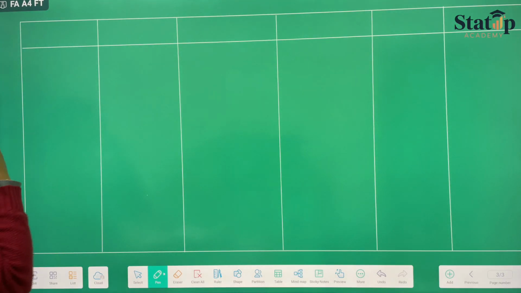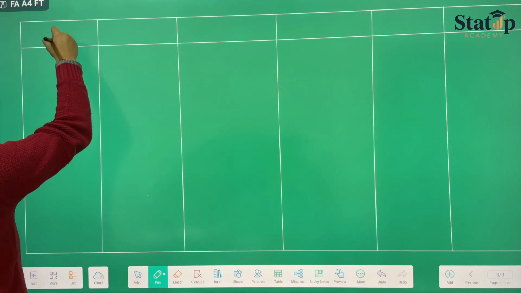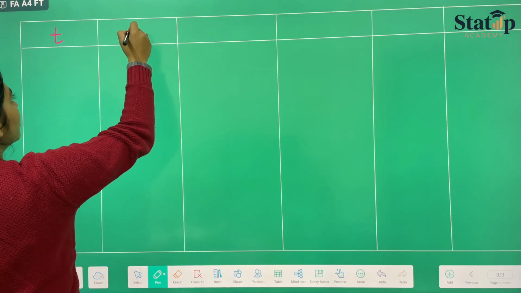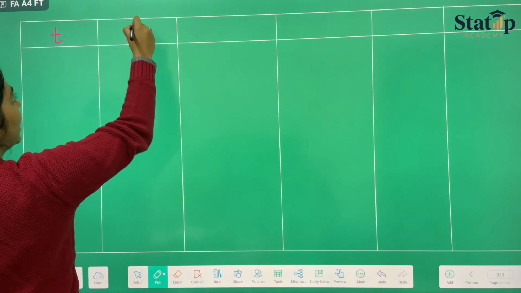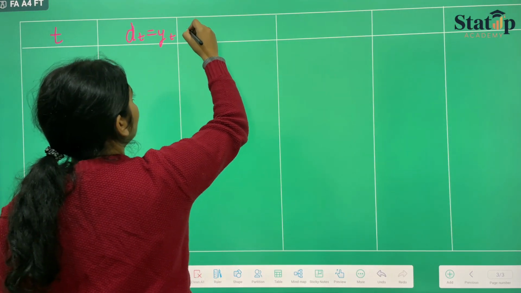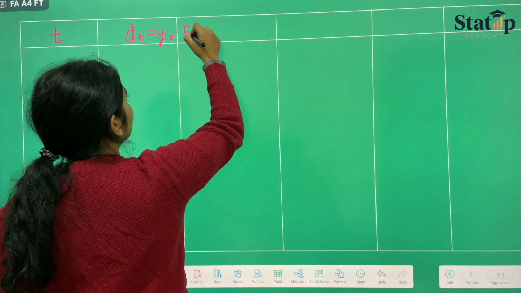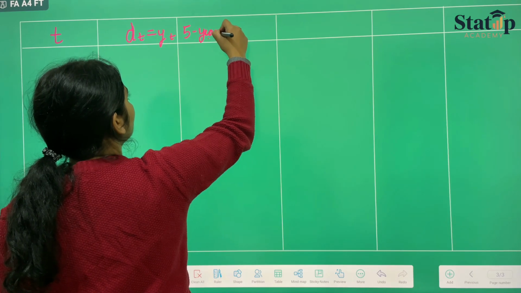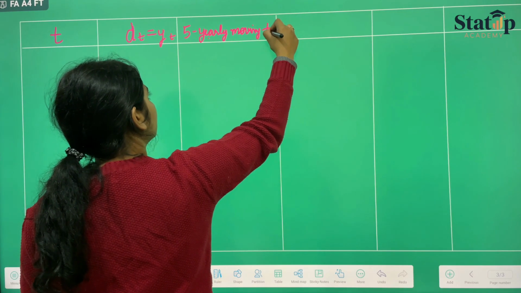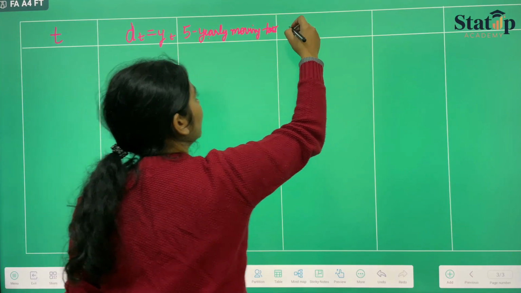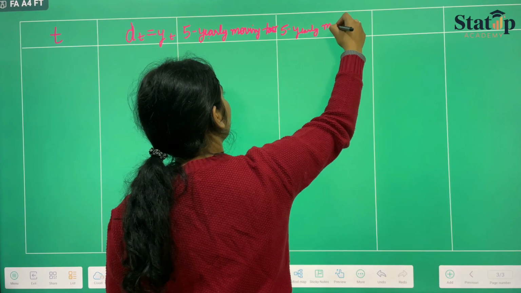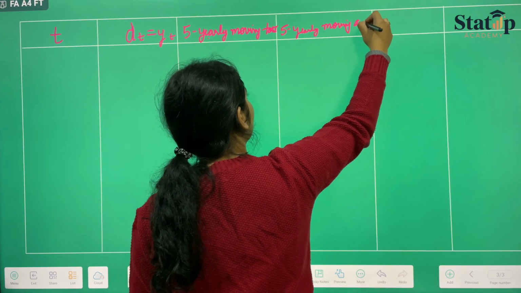Okay. So we have been given the values of t. We have been given the values of dt. We can write, or it can be also equal to yt. Here we will calculate 5 yearly moving total, and here we will calculate 5 yearly moving average.